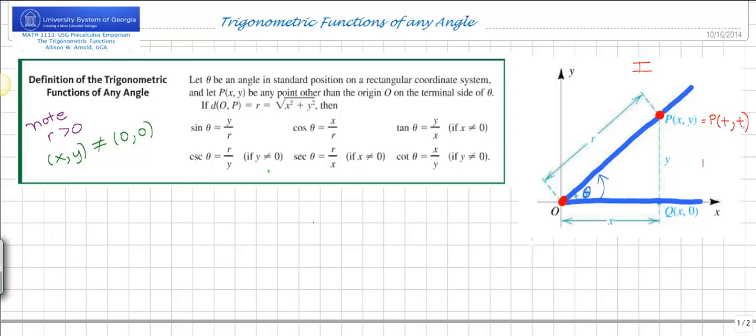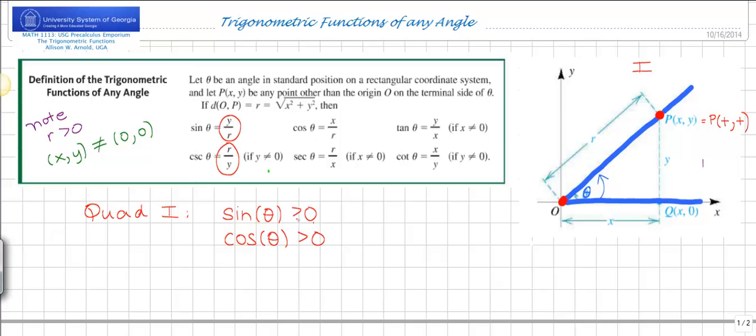Okay, and if both x and y are positive, and we know that r is always positive, this would lead us to conclude that in quadrant 1, both sine of theta and cosine of theta are positive values.